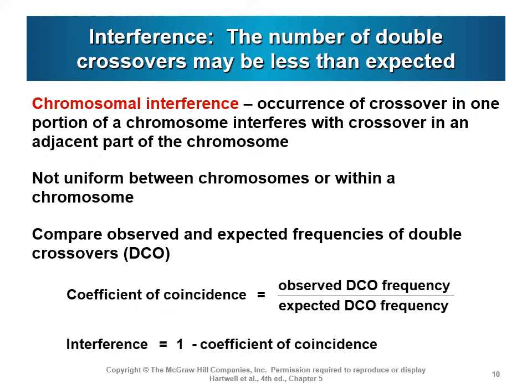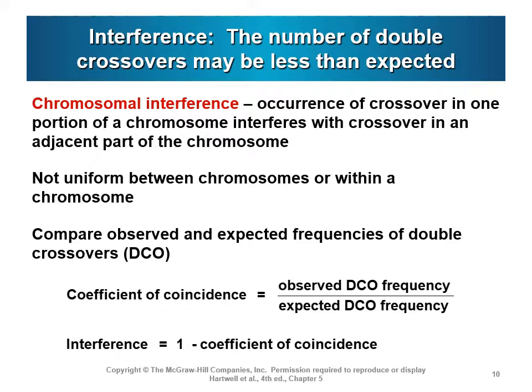To translate it into more human language, that means that if there is an occurrence of crossover in one part of the chromosome, that will change the probability of crossover in an adjacent part of the chromosome. It can go both ways. It can increase or decrease the probability.